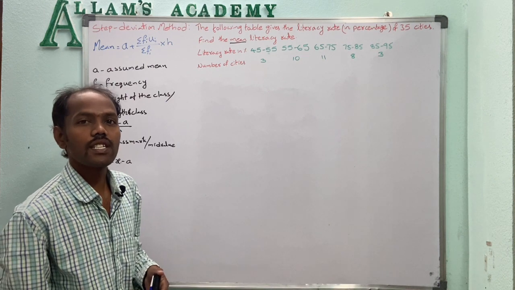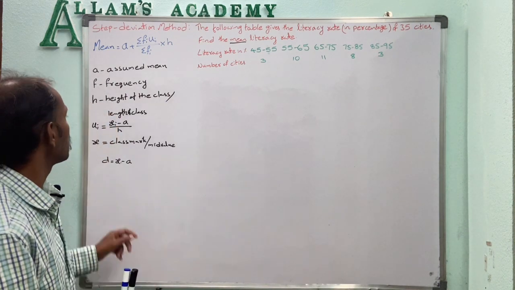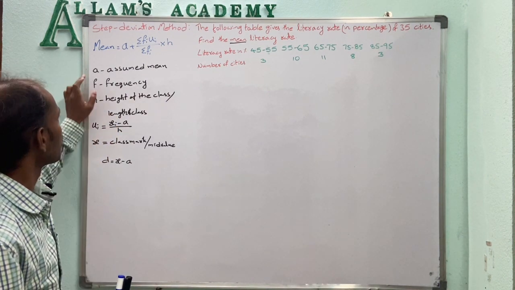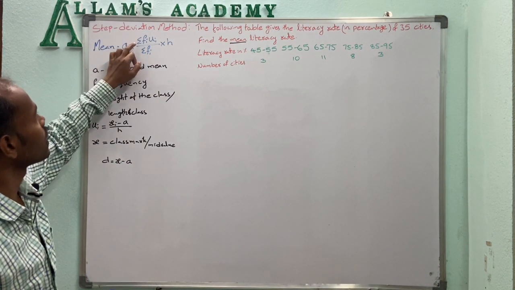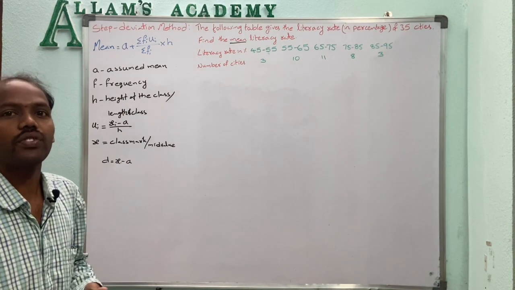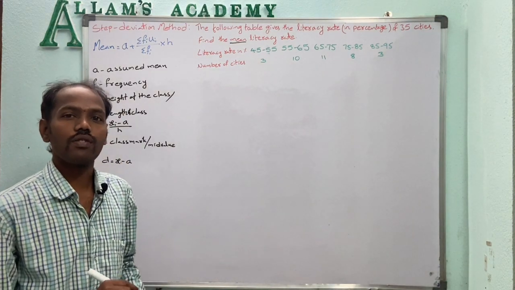So for this step deviation method, we need x value, a value and h value, f, and summation fi ui, summation f values we have to find.